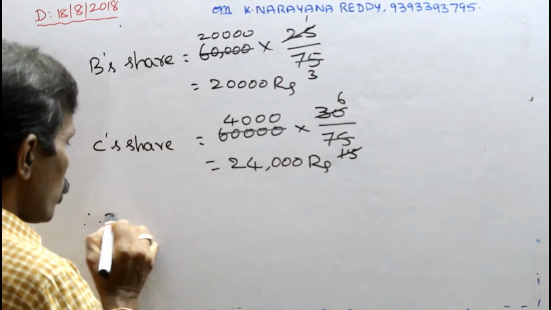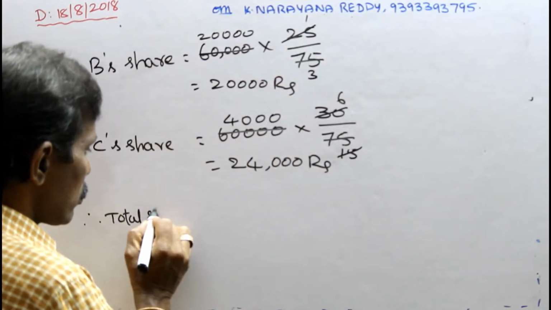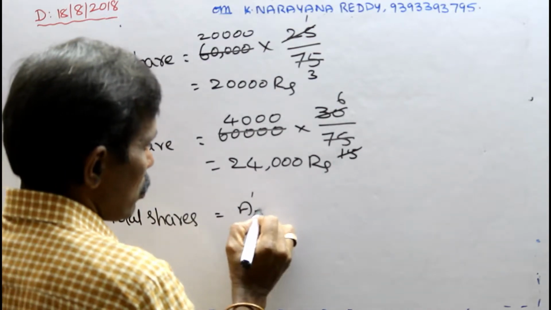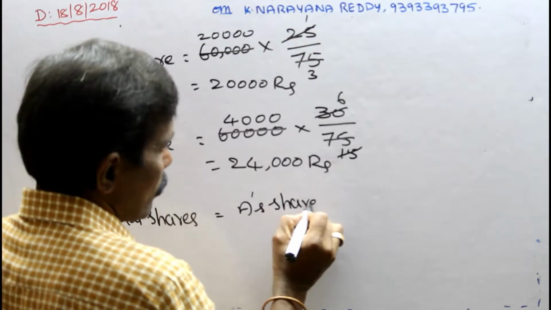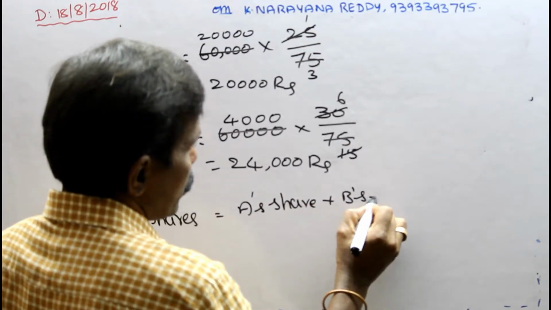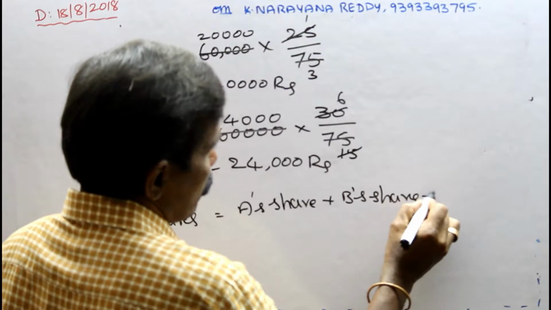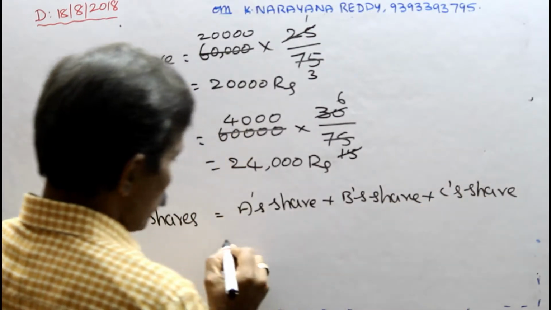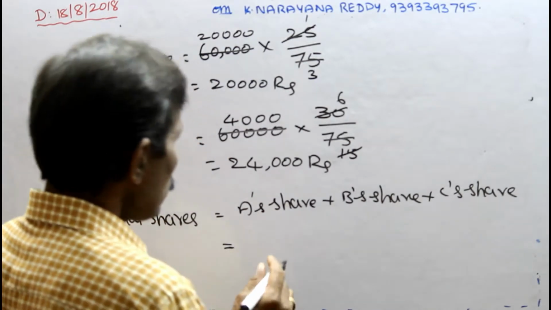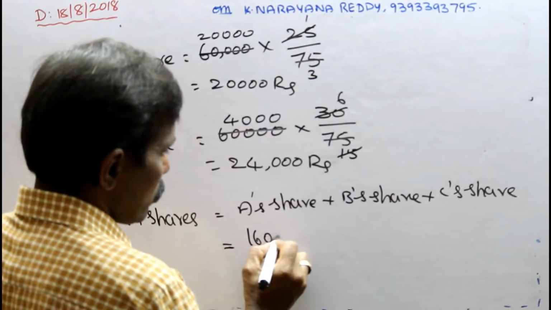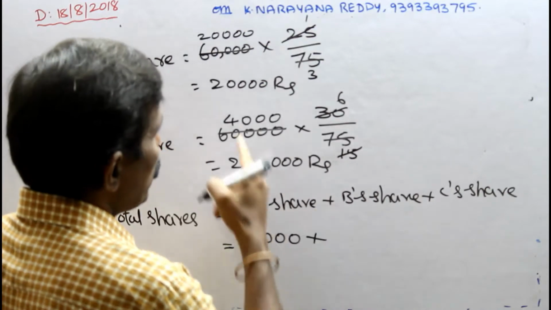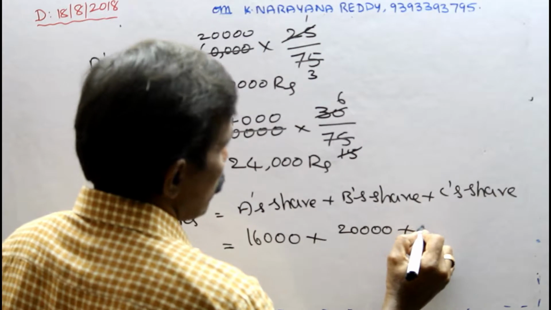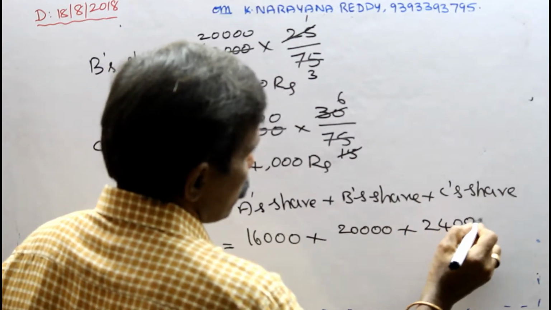Therefore, the total shares: A's share plus B's share plus C's share equals 16,000 plus B's share 20,000 plus C's share 24,000.